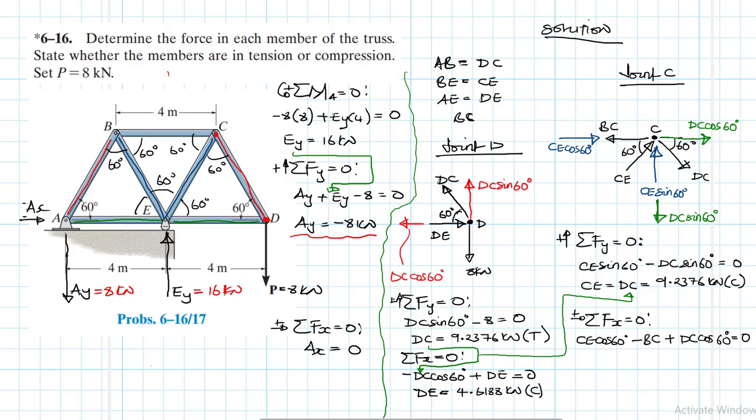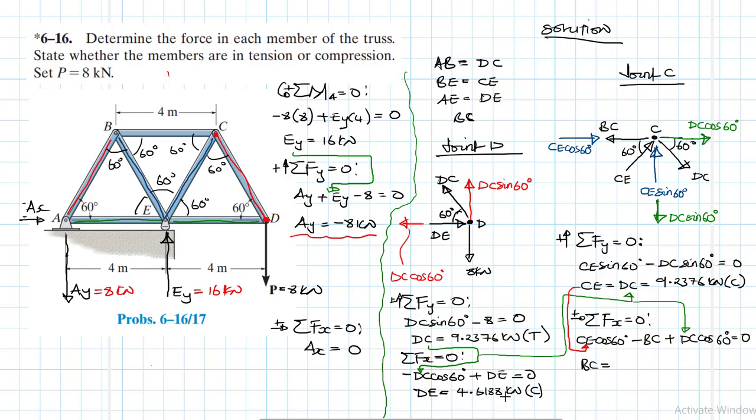We already have DC, which is here. We also have CE, which we just calculated, which is this one here. So we have that information, we just plug it in there and then we find what BC is.